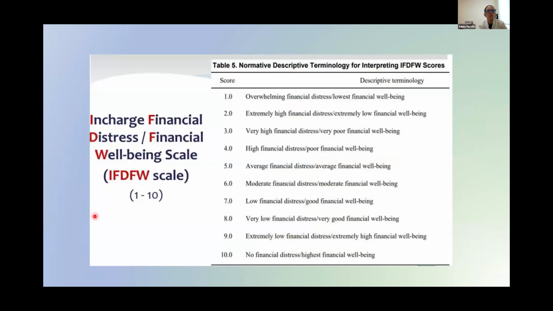Another is the InCharge Financial Distress, or IFD-FW, scale from 1 to 10. And it is really important to use normative descriptive terminology for interpreting these scores, as you see here in this image.